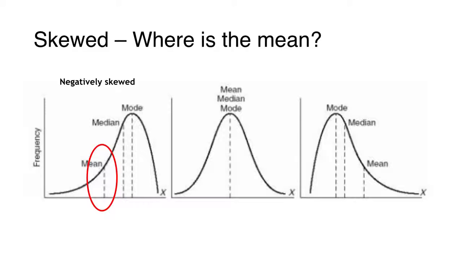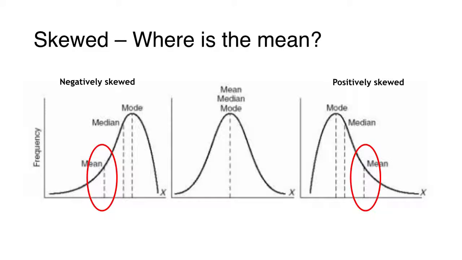And this is confusing for people because your eye tends to go to the highest point on the chart. But skewed means, where's your mean? Something is wrong if it's negatively skewed. And negatively means lower. The mean or the tail is way down in the tail, and that means it's negatively skewed. Positively skewed means just the opposite.